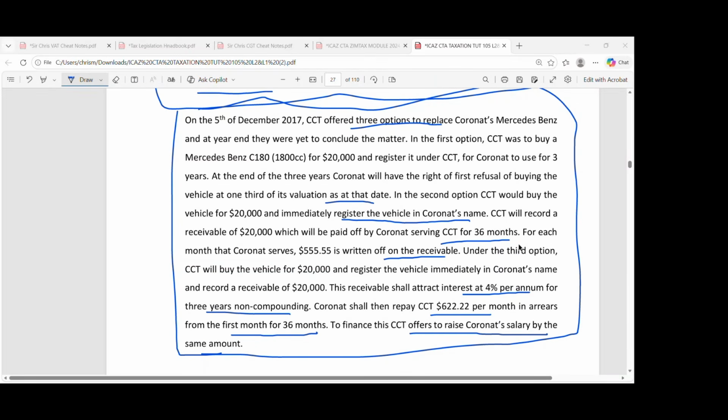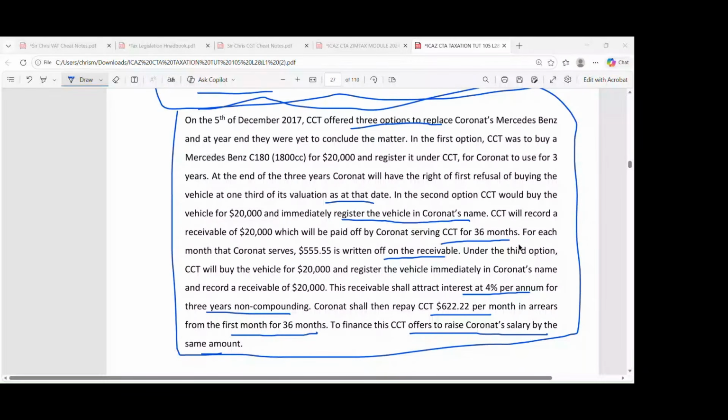So under section 81F, the totals are based on the CCs of this car, and it's income. That's why for CCT it's a deduction, but for Colonat it becomes an income. Then later, at the end, Colonat is going to purchase the vehicle.